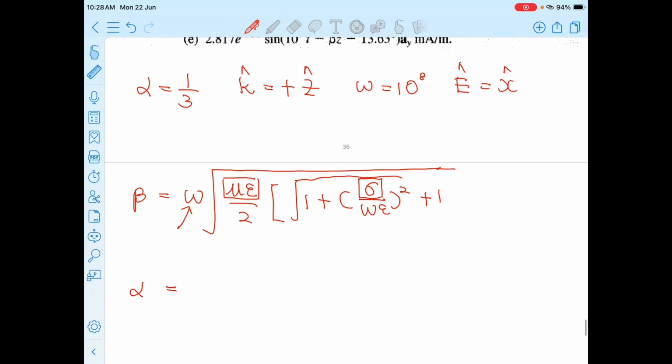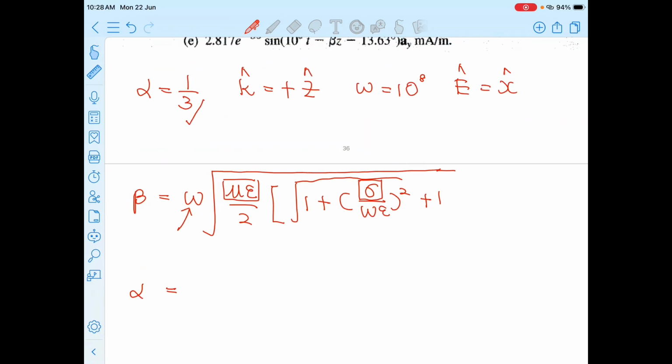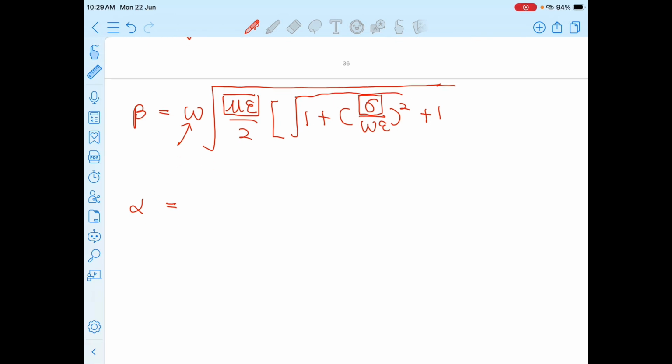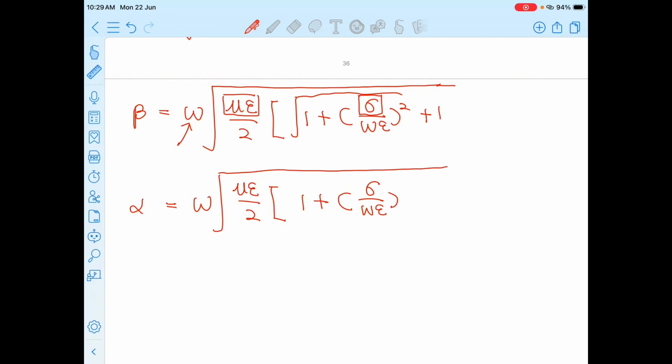The attenuation constant has been provided by the question. This is the formula for the attenuation constant, minus 1, and according to the question, it is 1 over 3.